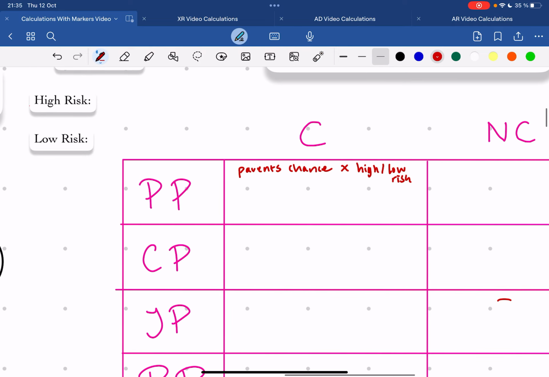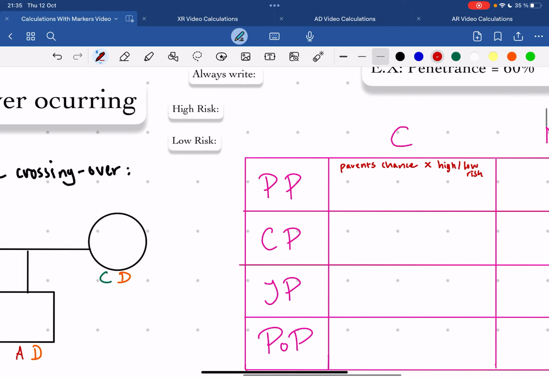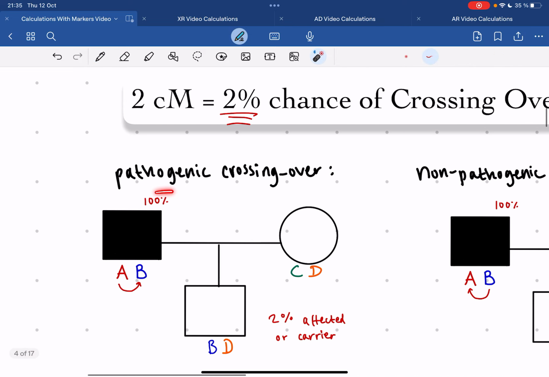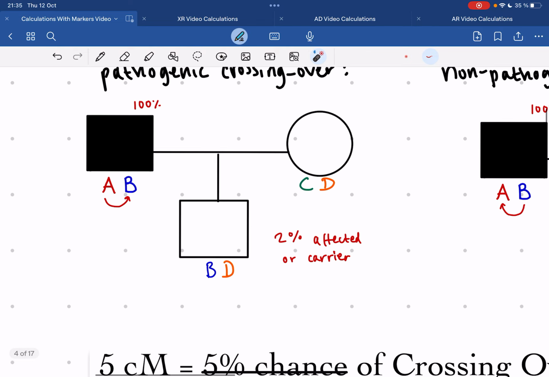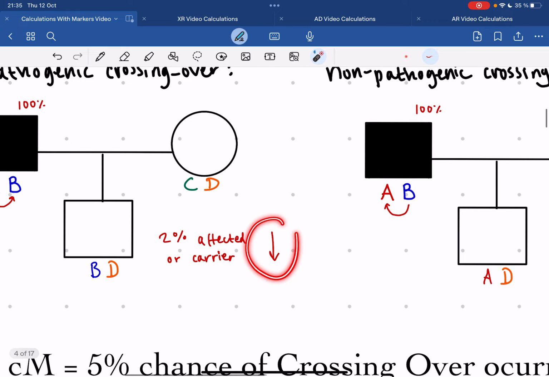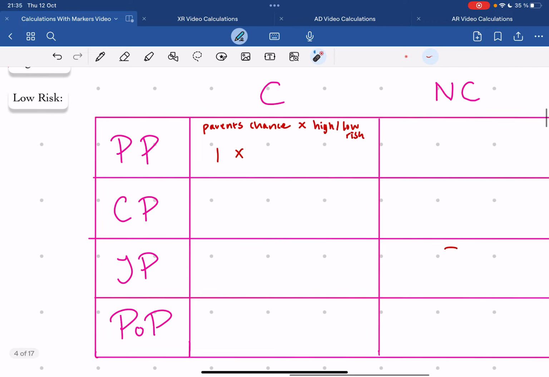Therefore, with the prior probability, we take the parent's chance, which for us in our case would be 100% or 1, times the high/low risk. For us, it would be a low risk because of the healthy marker here. Healthy markers are usually right, but crossing over adds the additional risk, and it would be a low risk here.